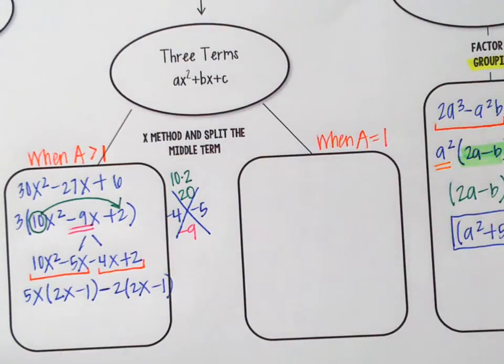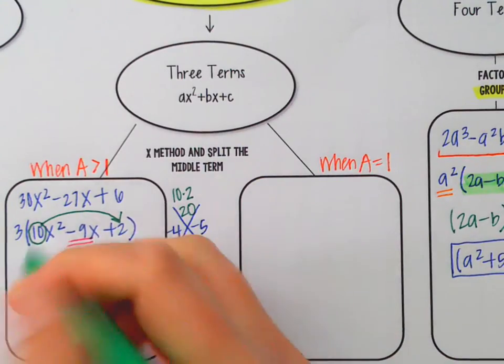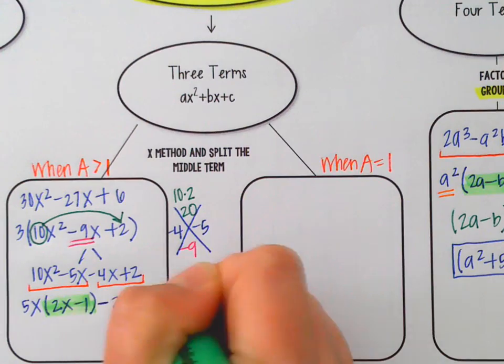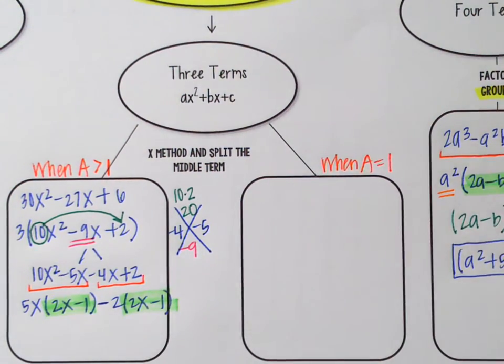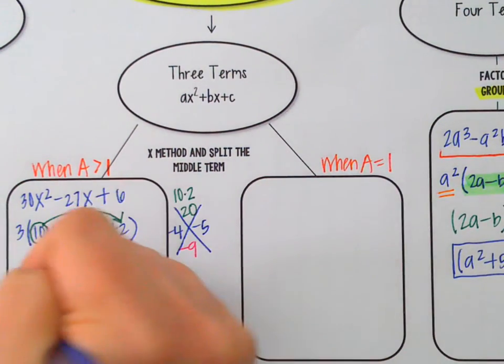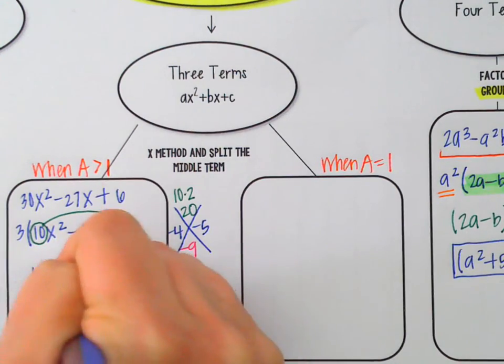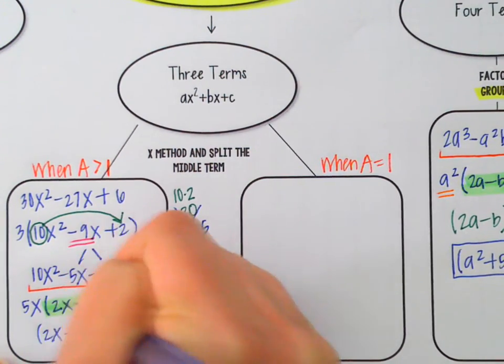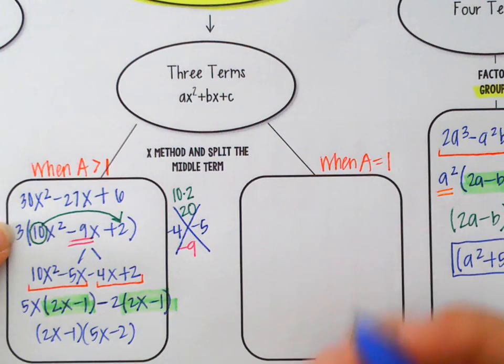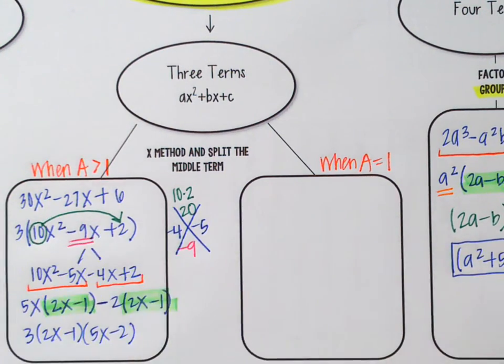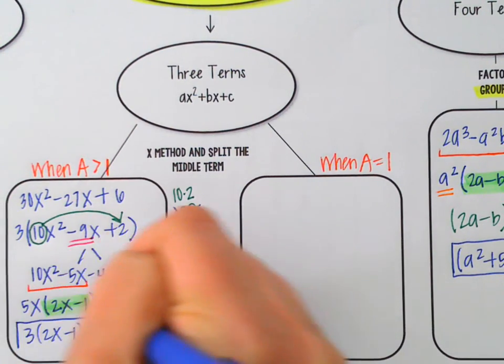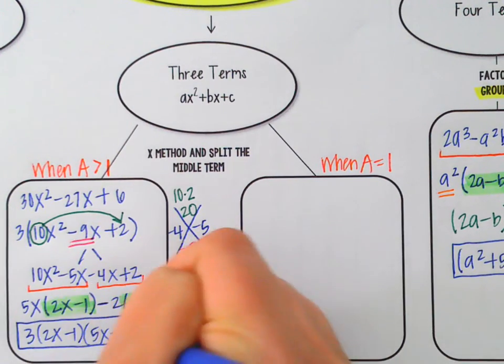So again, just like with grouping, these have to be the same, which they are. And so we can write that as 2x minus 1 times 5x minus 2. Don't forget that GCF from the beginning, 3. And so that is my final answer.